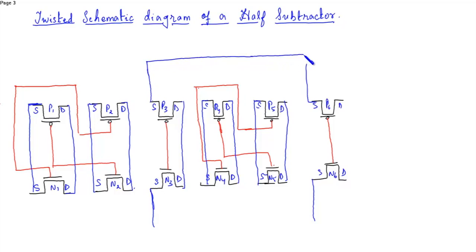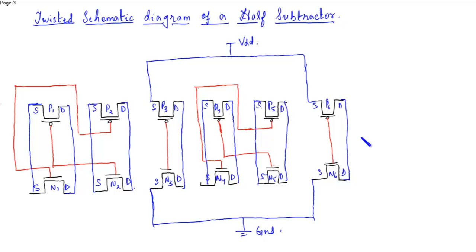So these are connected to VDD. These two are connected to ground. Okay. Now the drains of the PMOS and NMOS inverter are connected, which gives you the output.